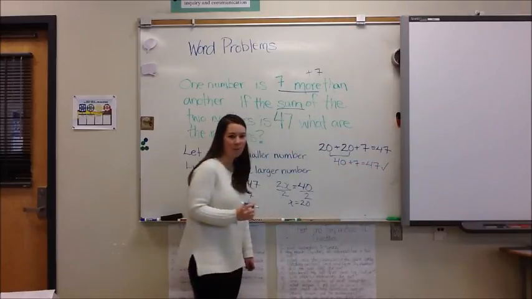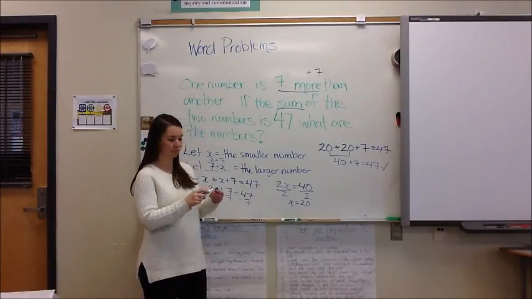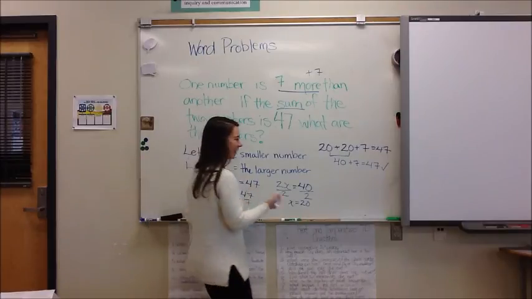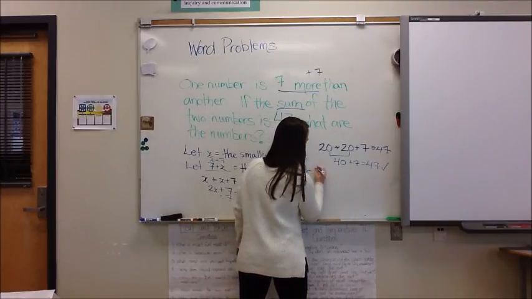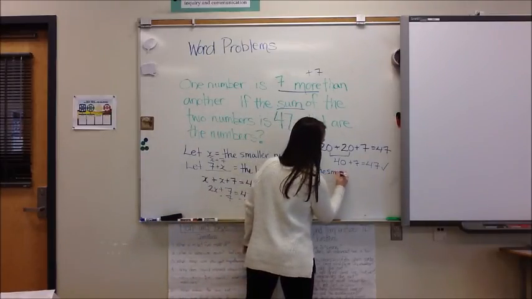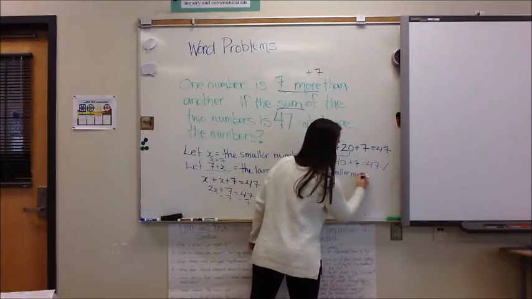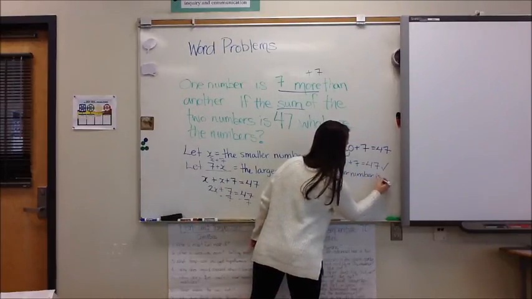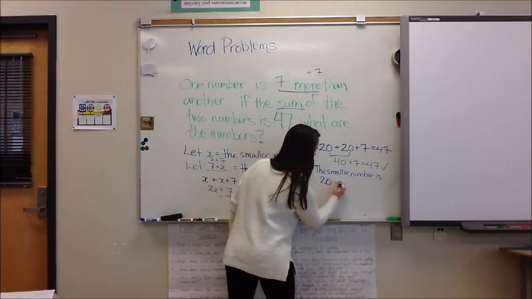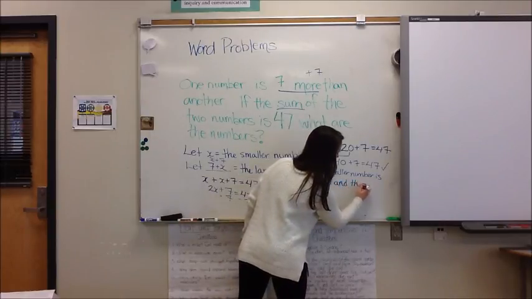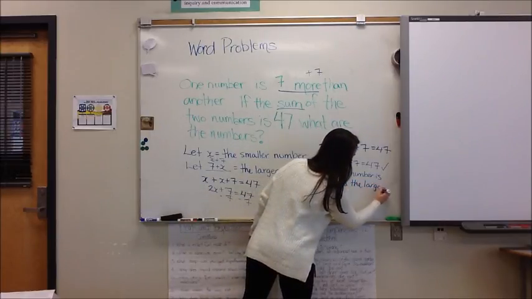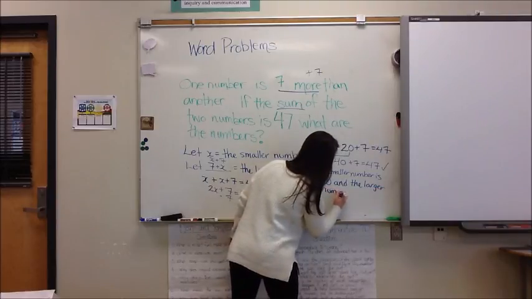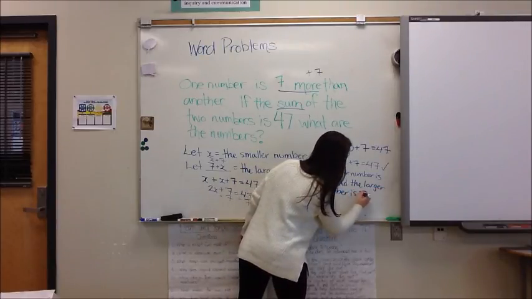So yes, I know my answer is correct. And then I need my concluding sentence. So the smaller number is 20, and the larger number is 27.